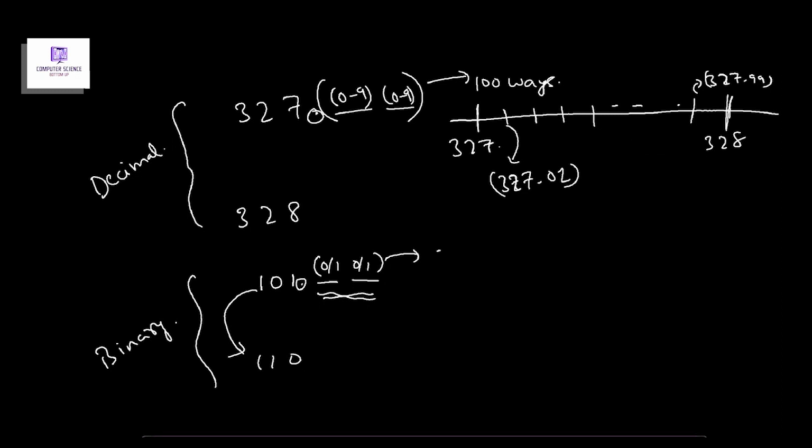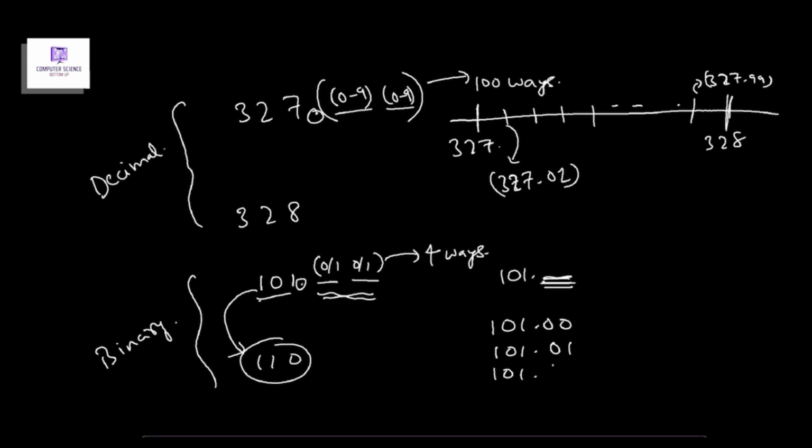So in 4 ways you can fill these two digits. It is going to be 101.00, 101.01, 101.10, 101.11, right? And the next number will be 110. So 4 parts.